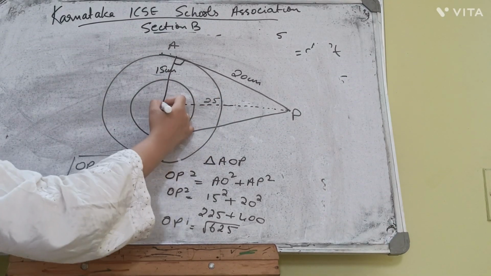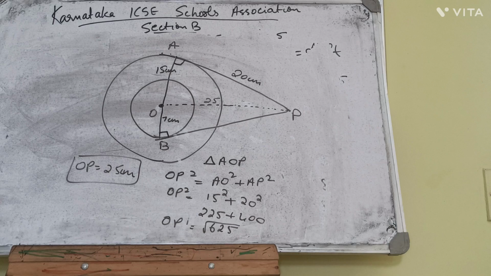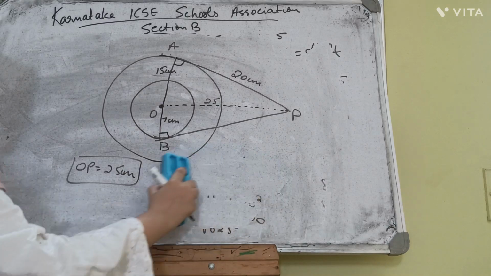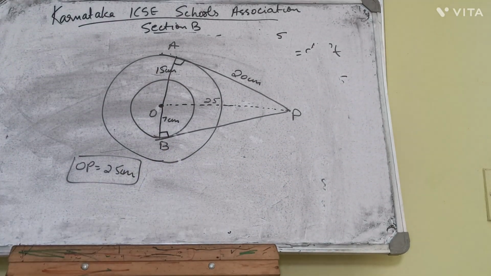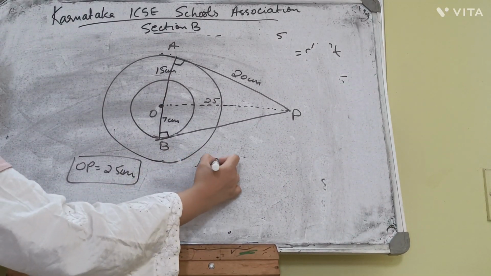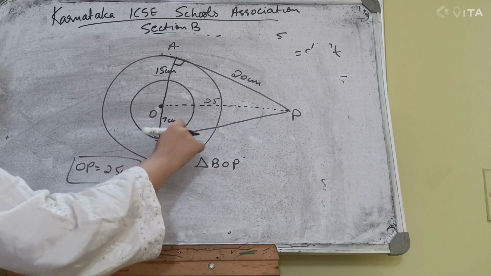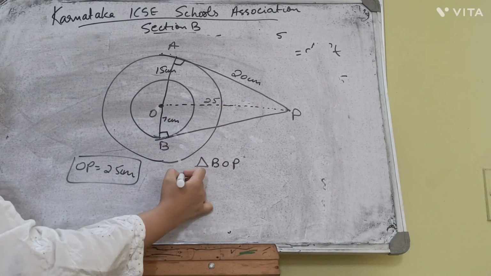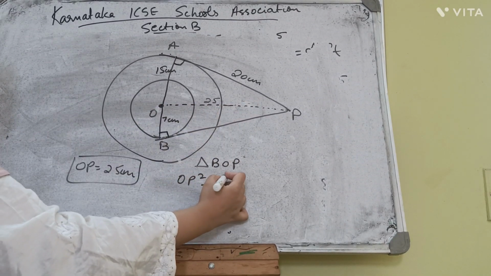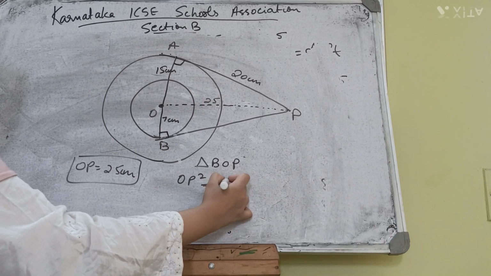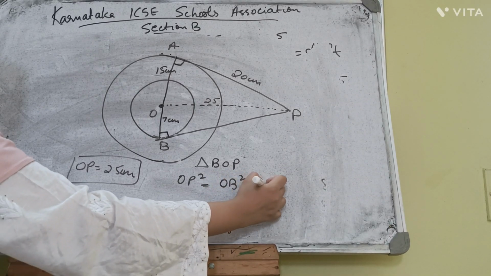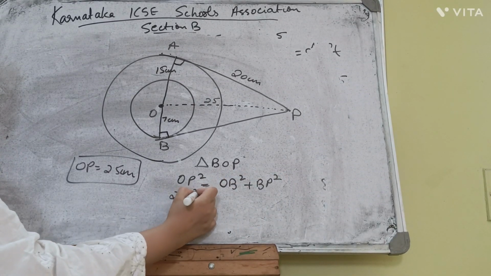Once you found out OP, which is 25, take triangle OBP and use Pythagoras again. So in BOP, this is 90, so the hypotenuse is OP. OP square is equal to OB square plus BP square.